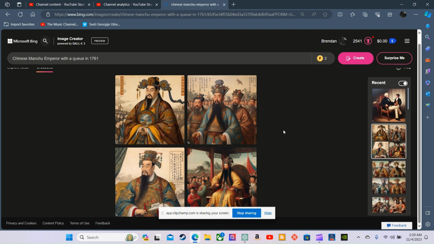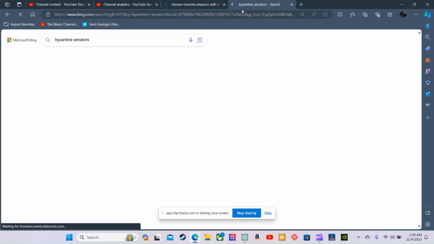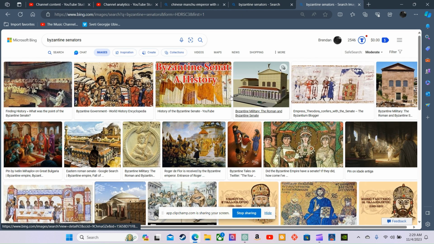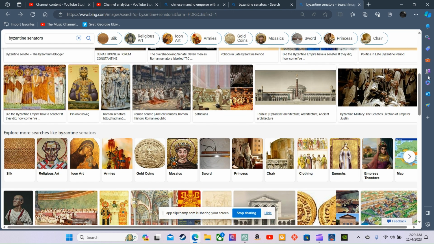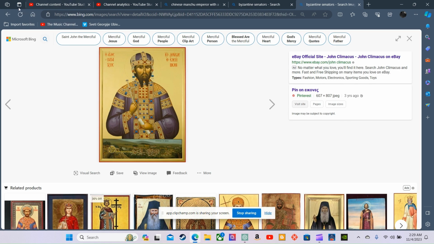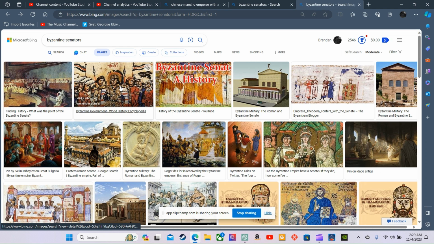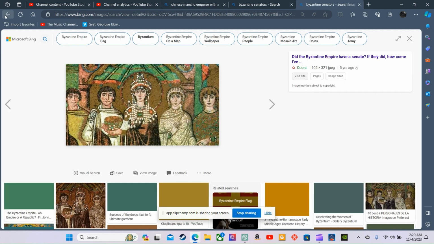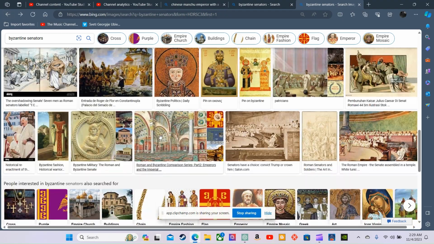Because you have to remember, before the image creators, before the AI generators, you would have to hunt down on these search engines and you would find these images of emperors, but oftentimes it was heavily reliant on what somebody else had done, and there was only a small number of images that were available.